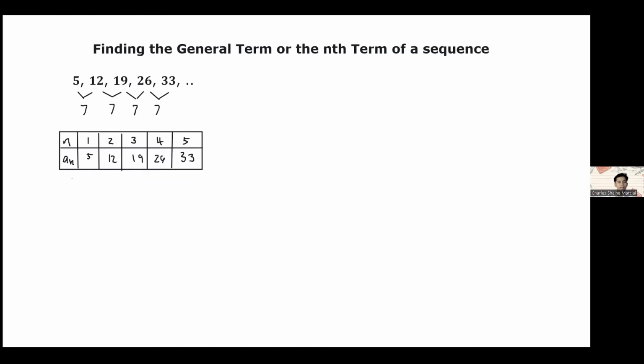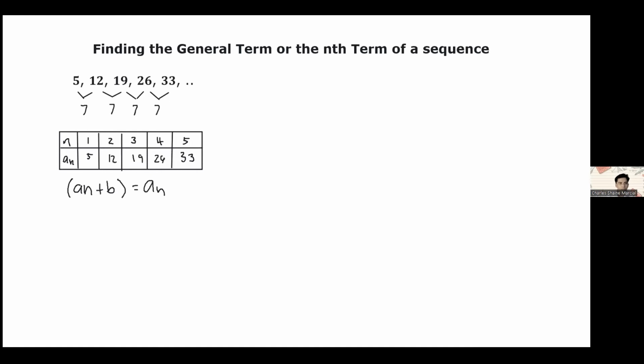Now, kapag constant yung difference ng arithmetic sequence, magfo-form tayo ng dalawang equation galing dito sa table. Gagamitin natin yung formula na a times n plus b is equal to a sub n.